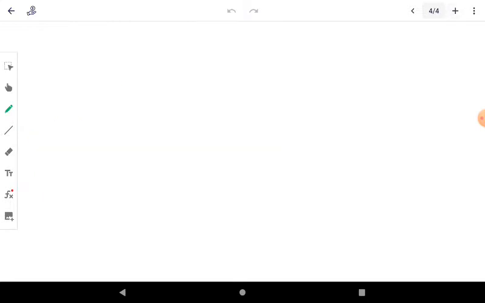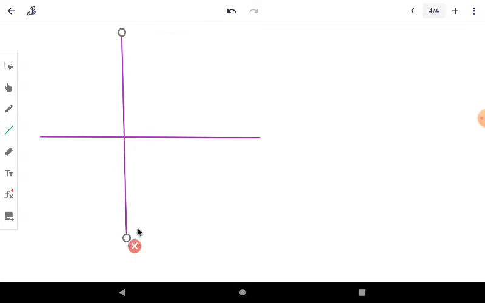So guys, it's like this. Let me draw the axis like this, and another axis is like this. This is y axis, this is x axis, guys. Positive y.